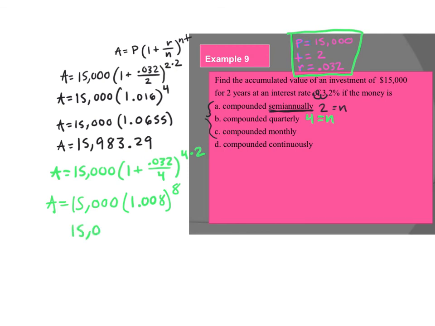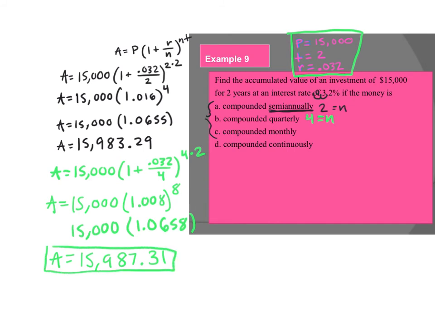So I have 15,000 times 1.0658. But I'm going to keep this number in my calculator so it's more precise. So then times 15,000, which I get 15,987.31. Anybody else get this? Yep. Perfect.